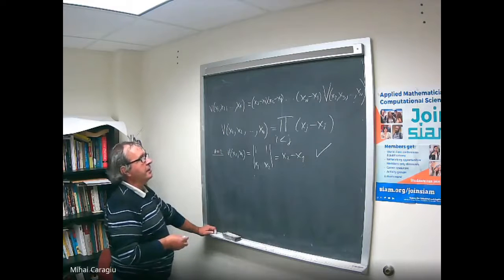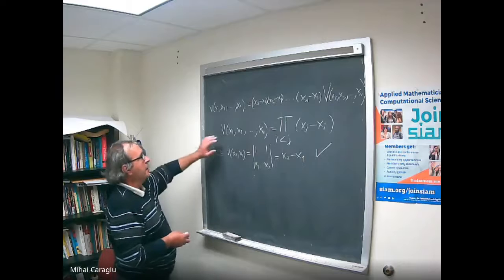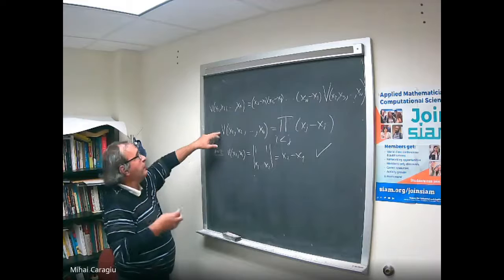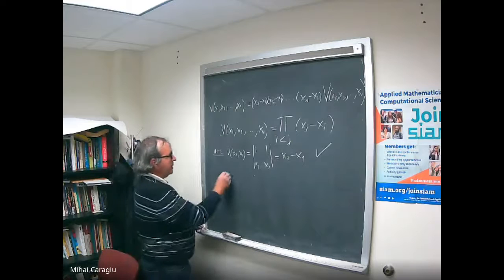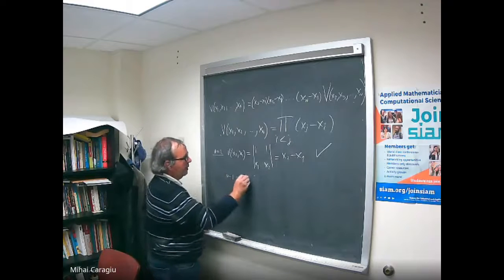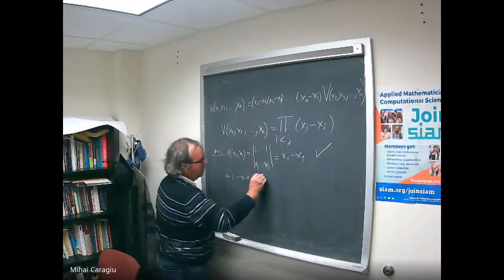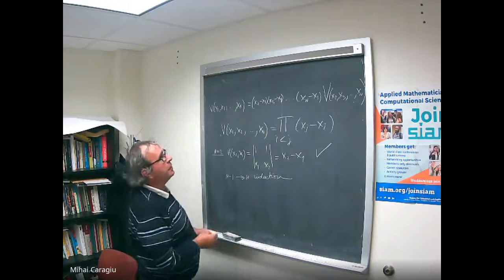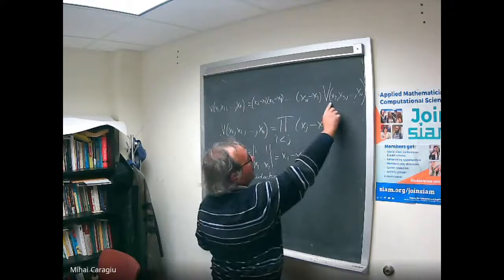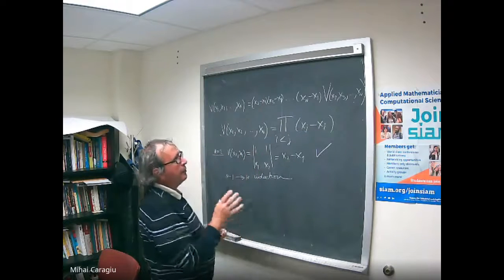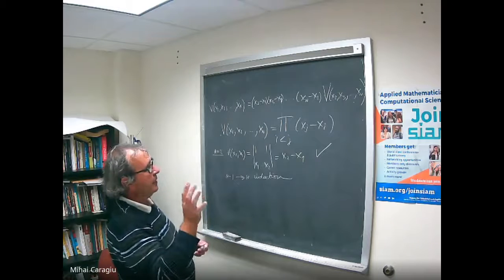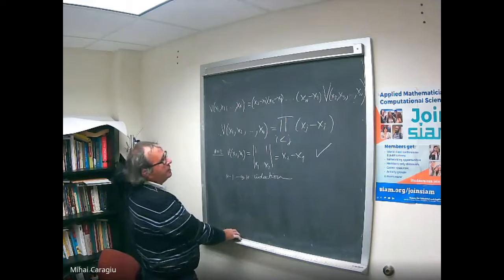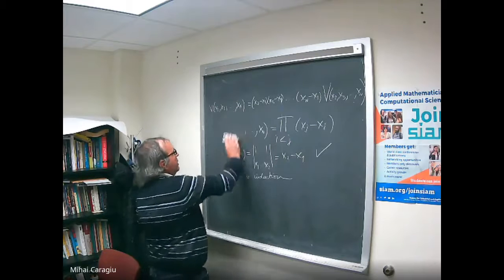We assume that the statement is true for n minus 1, and we'll prove it for n, right? So n minus 1 implies n in the induction. We assume the formula for a Vandermonde determinant of smaller size, n minus 1 by n minus 1.